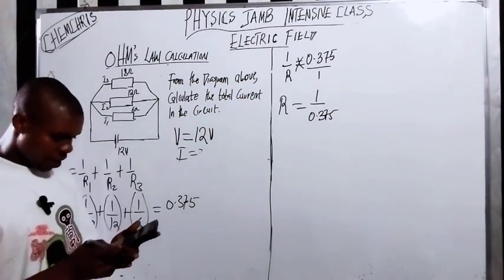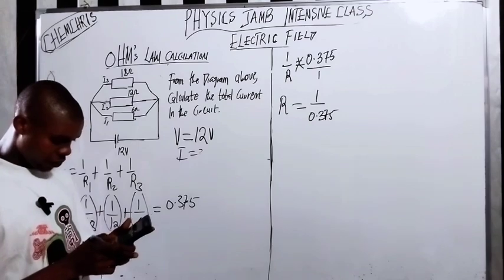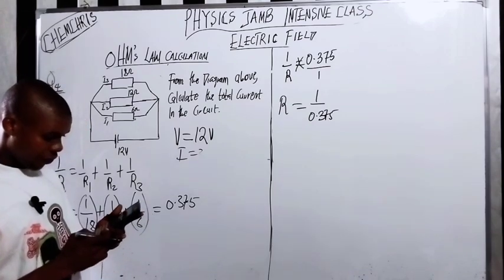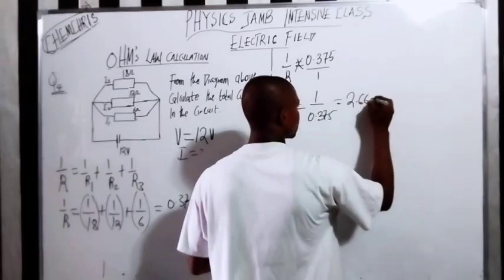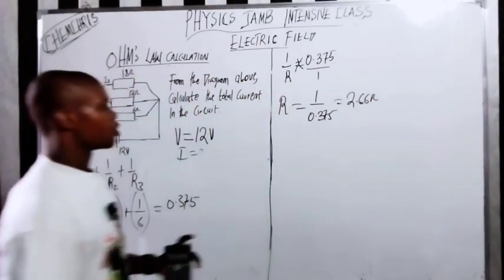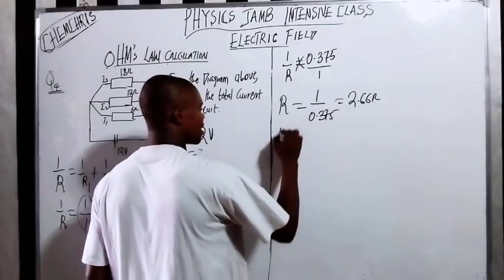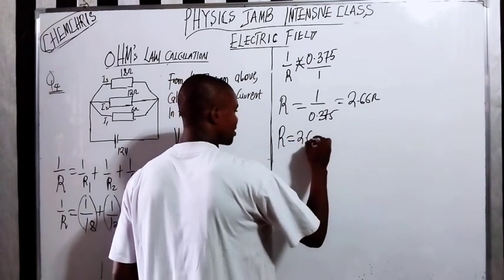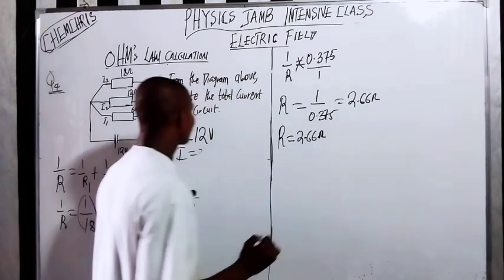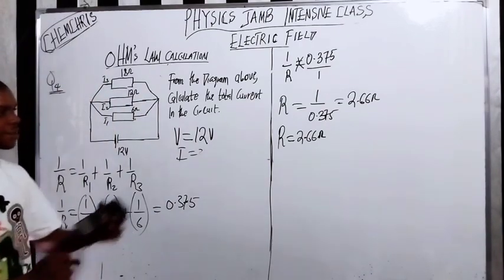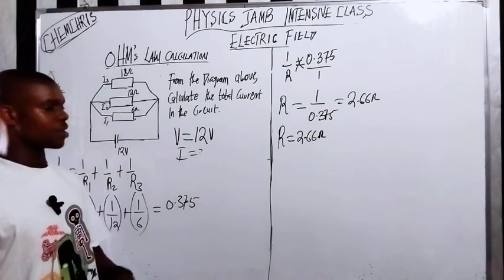So 1 divided by 0.375, you have 2.66 ohms. So my total resistance is 2.66 ohms. That is it. Do you understand?